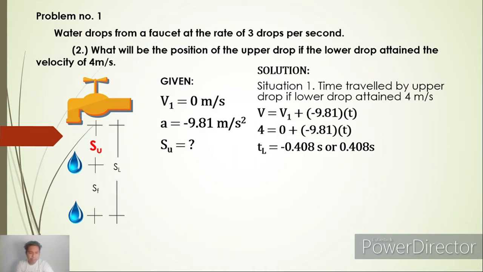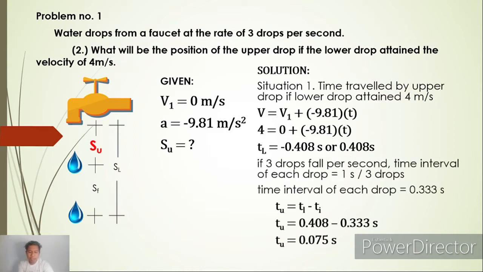So, using the formula V is equals to V1 plus AT, time for the lower drop when it reached the velocity of 4 meters per second is 0.408 seconds.